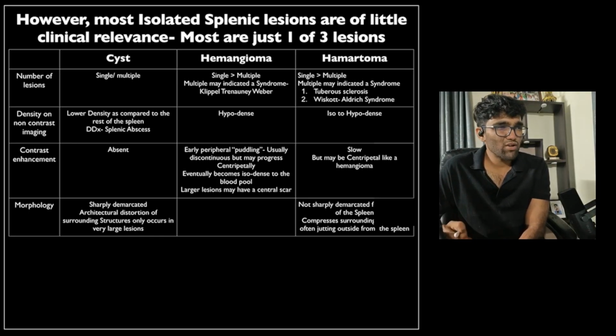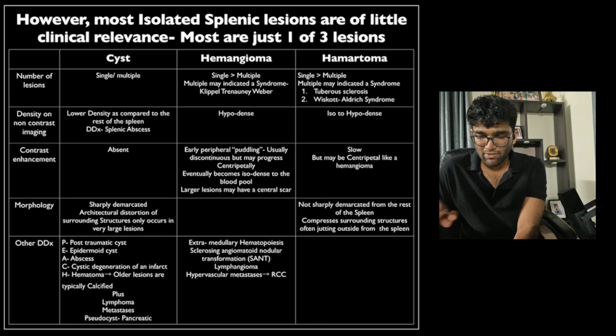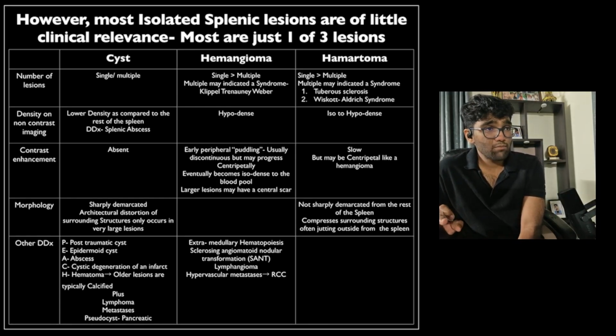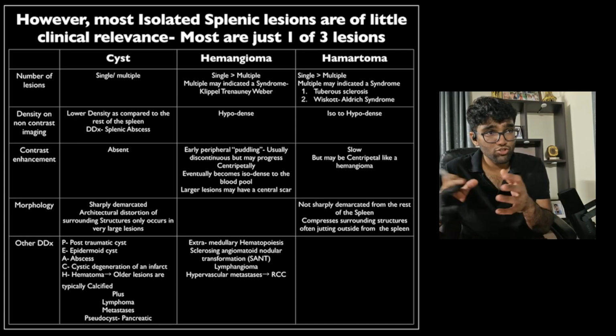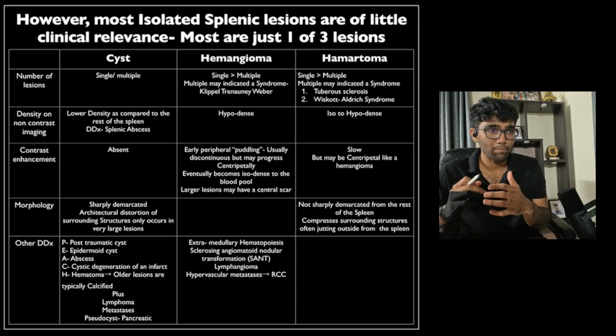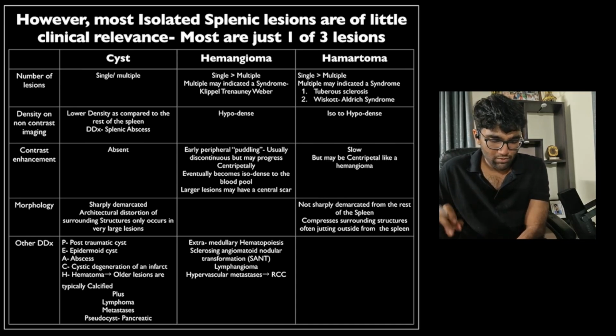Hemangiomas may or may not cause architectural distortion, cannot really be commented upon. Hematomas are usually not sharply demarcated, whereas hemangiomas are relatively sharply demarcated, and hematomas tend to push away structures from the spleen. So they tend to abut, say, the stomach, they push into the stomach, so they jut out of the outline of the spleen.